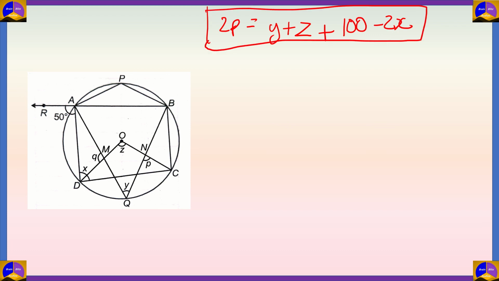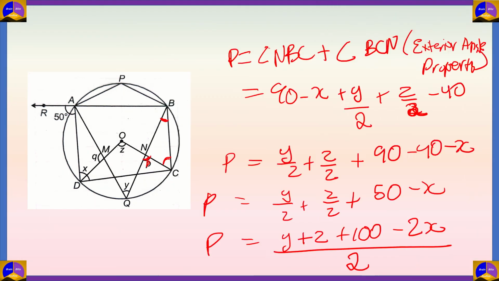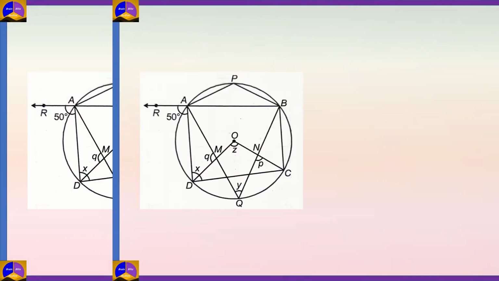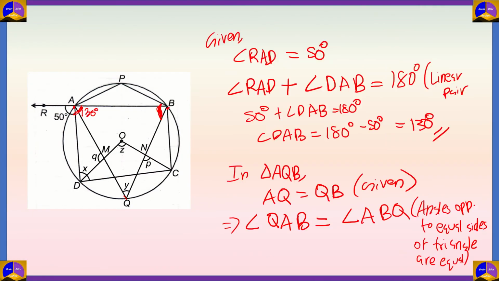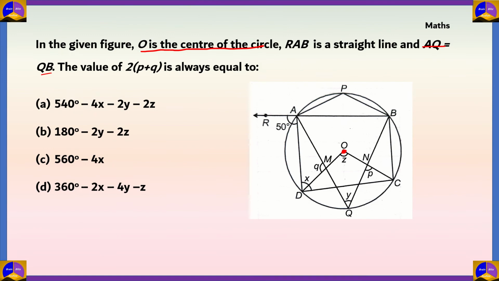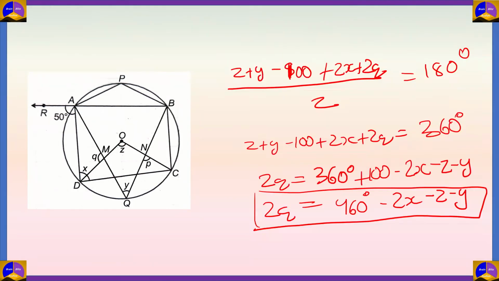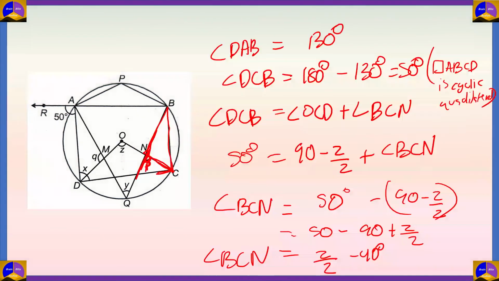Now we have found the value of 2p, and we had also found the value of 2q, and the question is asking us to find the value of 2 times p plus q. Now 2 times p plus q can also be written as 2p plus 2q, which we found out.